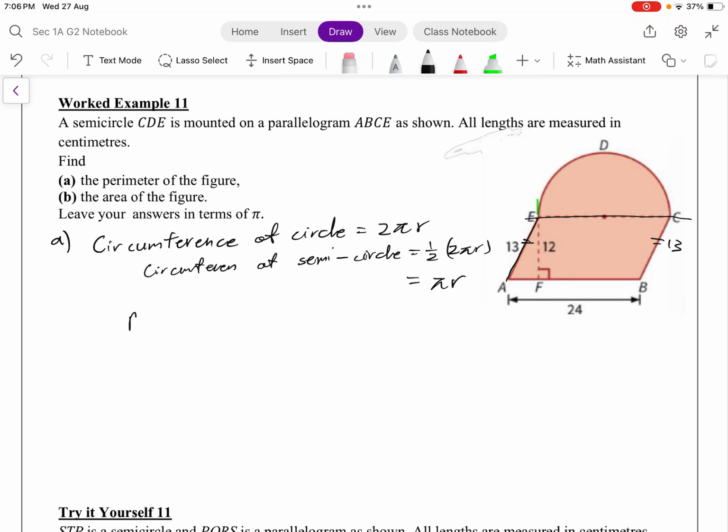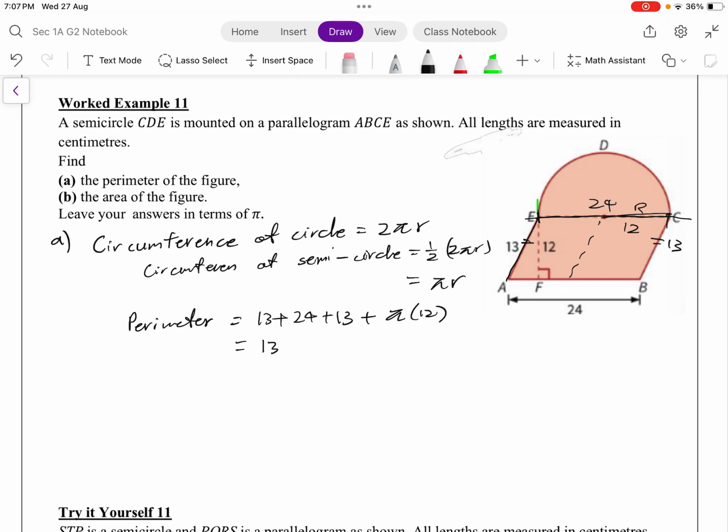So if I want to find the perimeter of this figure, I will have 13 plus 24 plus 13 plus pi r. I know my r is actually 12 because this whole length is the same as 24, so radius is half of that, 12. So 13, I'm just going to sub it here, 12 times pi.